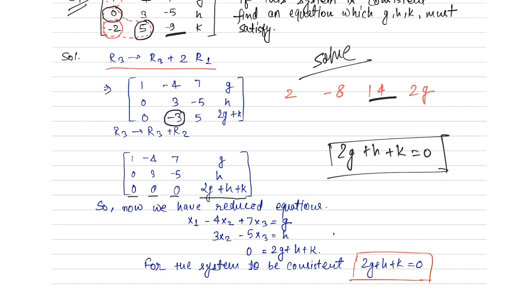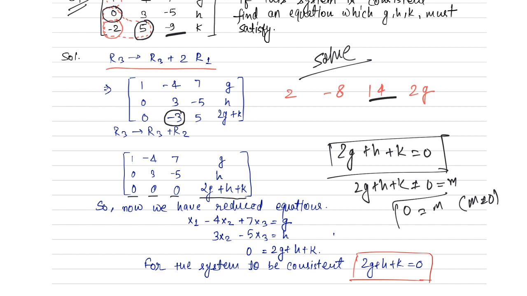If the term 2G plus H plus K is not equal to 0, let it be m, then it becomes 0 is equal to m, where m is a non-zero value.